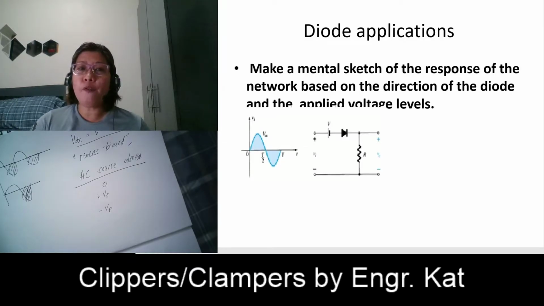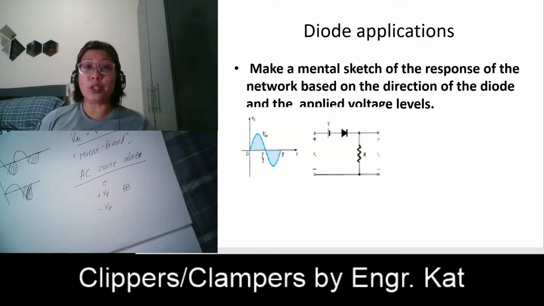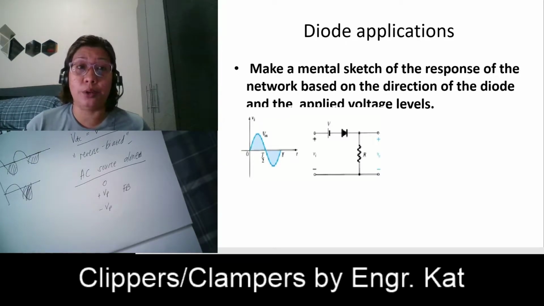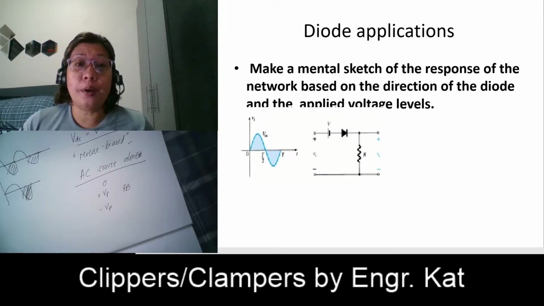However, if we have a positive peak, imagine you have plus and minus here. That means you are forward biasing your diode. Your diode is forward biased because your positive is connected at your anode and your negative is connected at the ground. So therefore, you are forward biasing your diode.